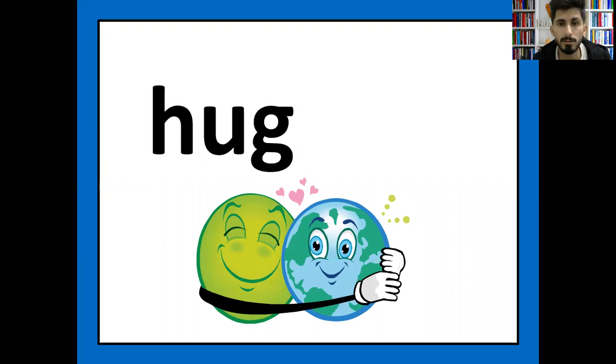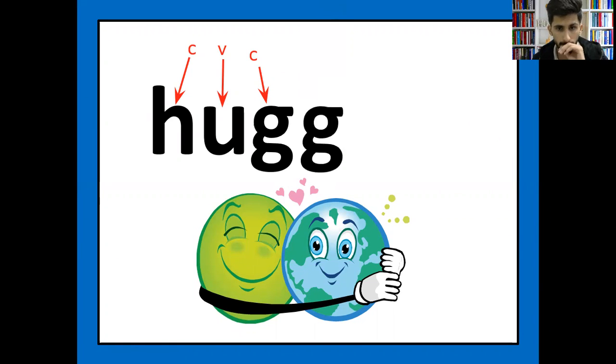The word hug, hug. Here we've got H, letter H, which is a consonant letter. Here we've got U, which is a vowel. Then we've got another consonant letter, which is G. So the first thing we do is duplicate letter G. We've got two G's here.